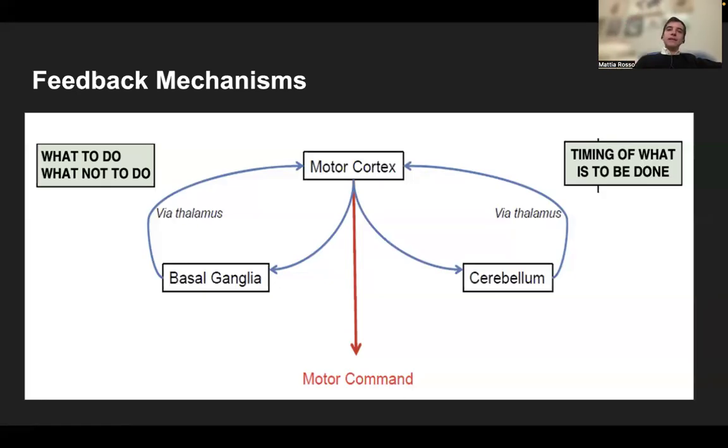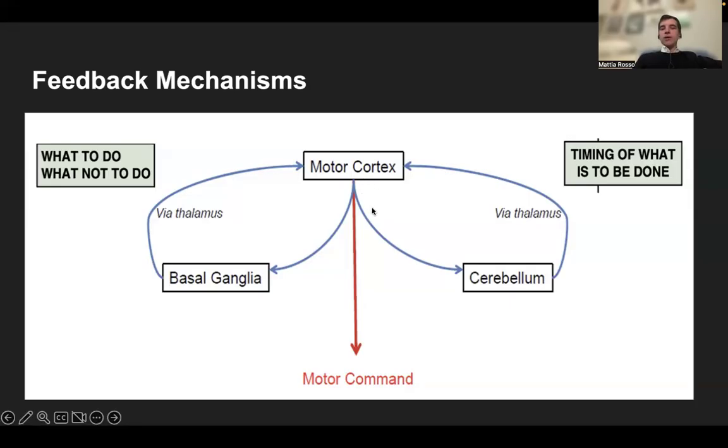And by this, I mean the motor cortex is sending a message to the muscles, but in parallel, other parts of the brain get a CC. They get a communication that they can then act on. And there are two parts of this story. One part is a circuit from the brain trying to understand what to do and what not to do.